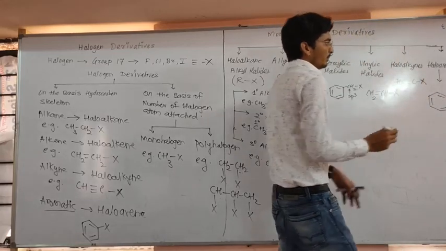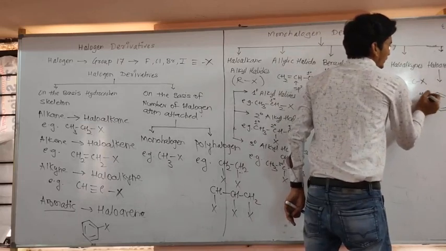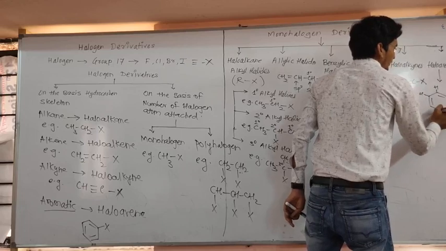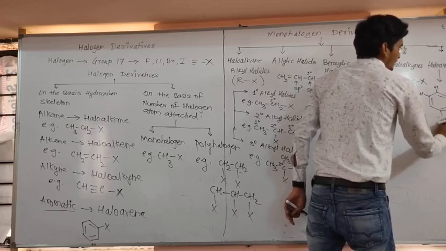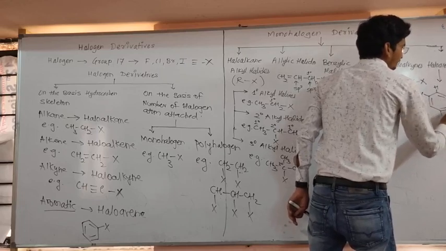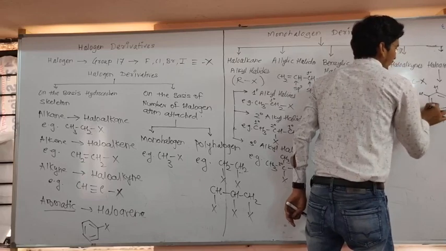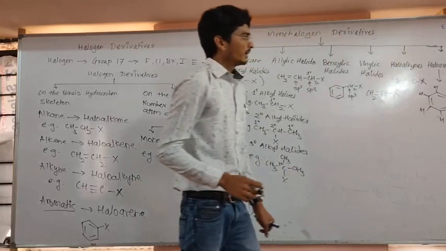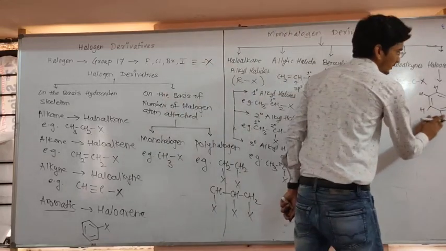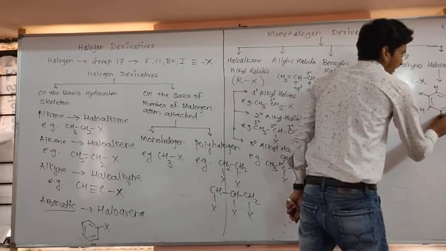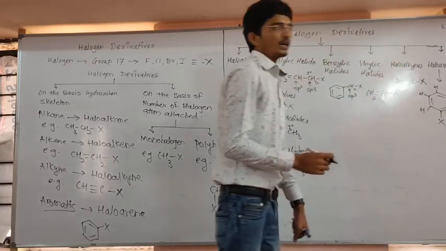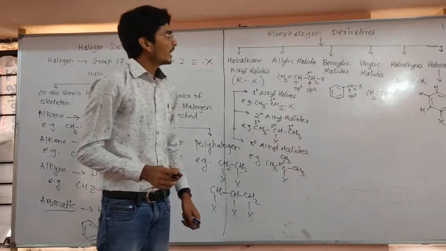This is the benzene containing 6 hydrogens, one attached with each carbon. But when one hydrogen of any carbon is replaced by a halogen atom, then this compound is called haloarenes.